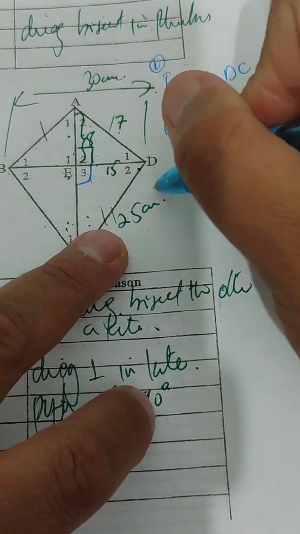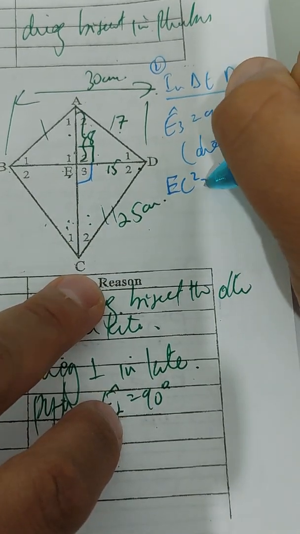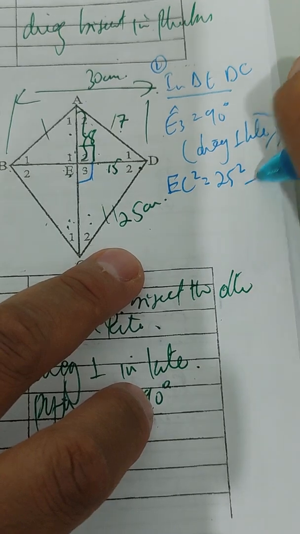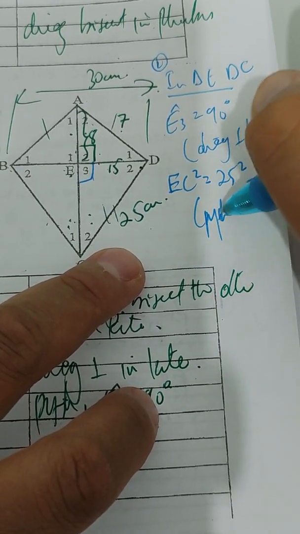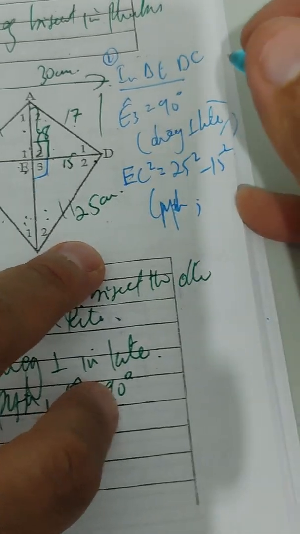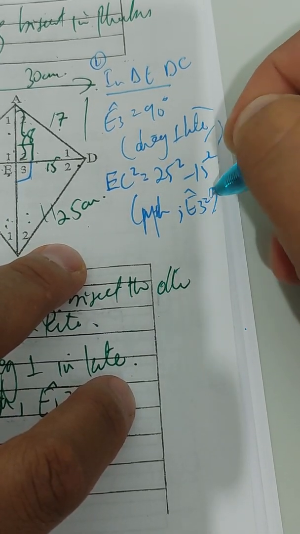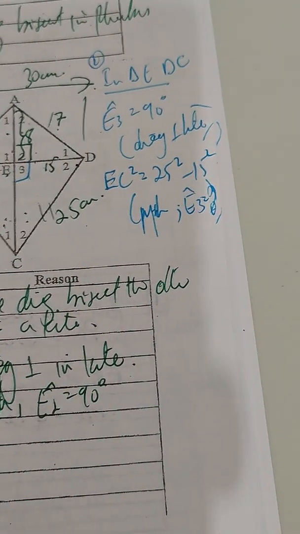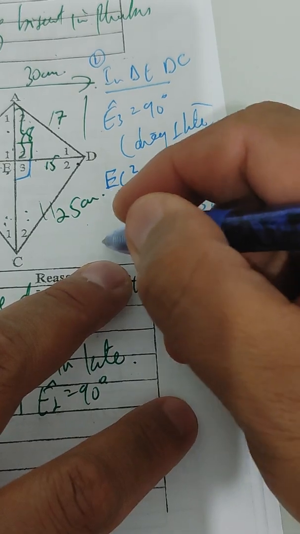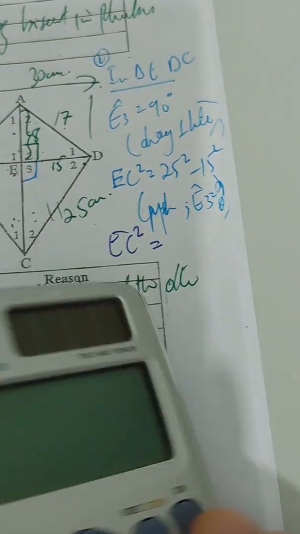Now I can apply Pythagoras. EC squared is equal to 25 squared minus 15 squared, and the reason there is Pythagoras with angle E3 equals 90. Remember, when you use Pythagoras, you must say which angle is 90 degrees.